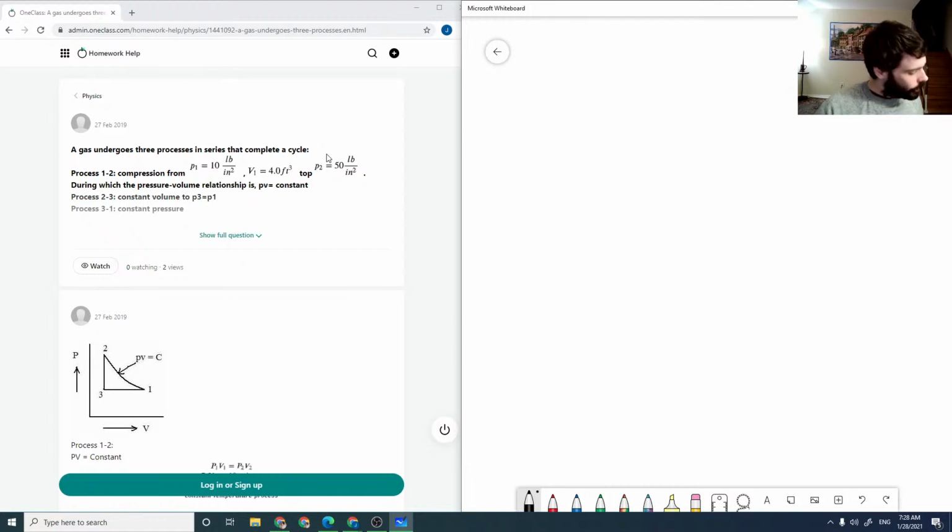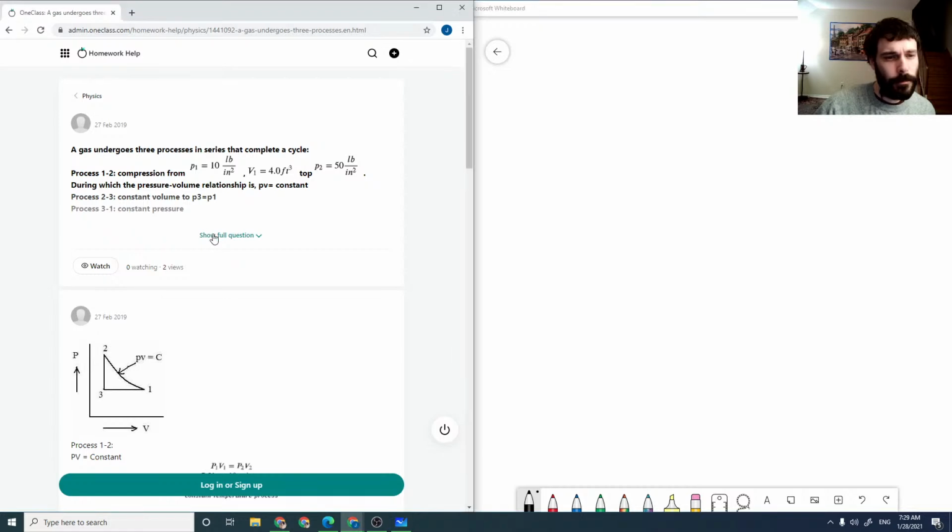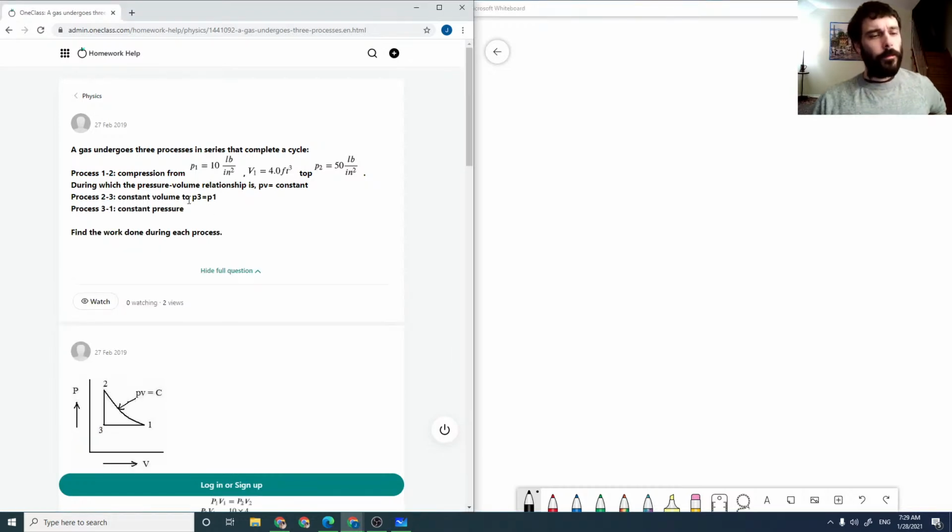All right, so here we've got a cycle. First we undergo compression from a pressure and a volume to another one.